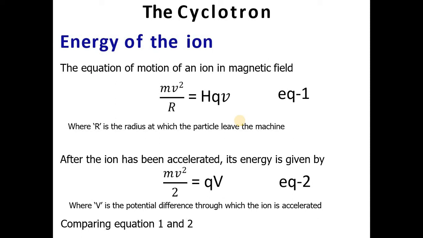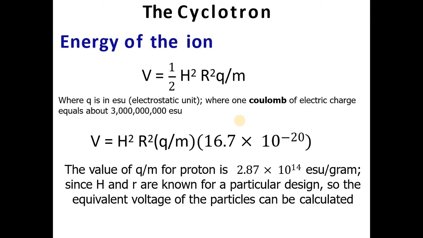Now comparing both equations, we get V equals half H square r square q by m, where q is in electrostatic units. The value of charge to mass for a proton is 2.87 into 10 power 14 electrostatic units per gram. Since H and r are known for a particular design, the equivalent voltage of the particles can be calculated from the above relation.